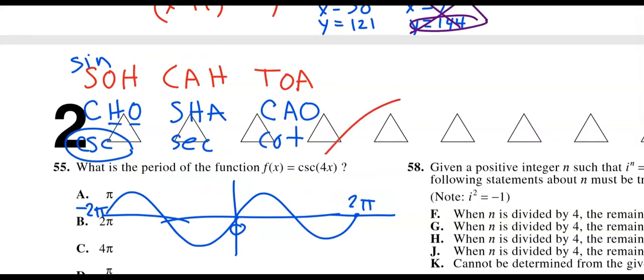What do they have here? They have a change to that sine function. So not only is it a reciprocal, which we'll deal with in a second, but they have done some sort of scale change to the x's. Do you know what kind of scale change they've done to the x's?